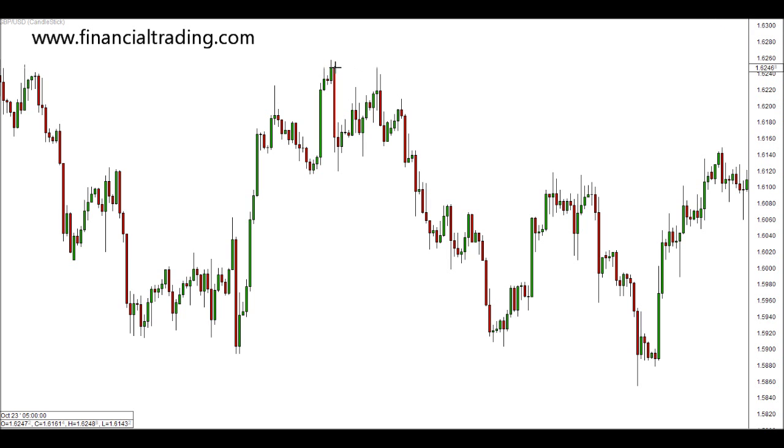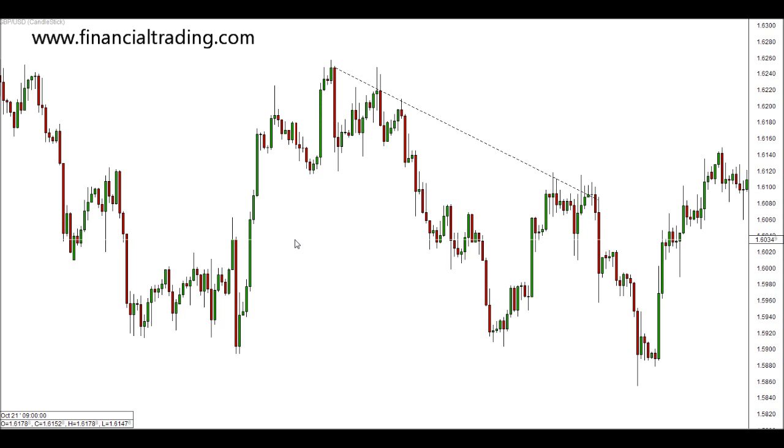If we were to mark the end of this push with the end of this push and create a resistance, so we have a push, a pullback, push and a pullback. Here's the end of our push and end of our push again. They've been connected.